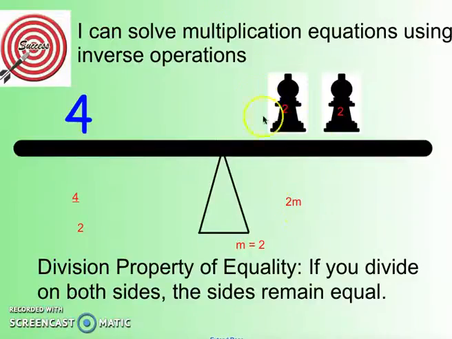I'm taking both sides of the equal sign and dividing both sides by 2 so that I can figure out how much it is per pawn. So 4 divided by 2, the answer is 2.